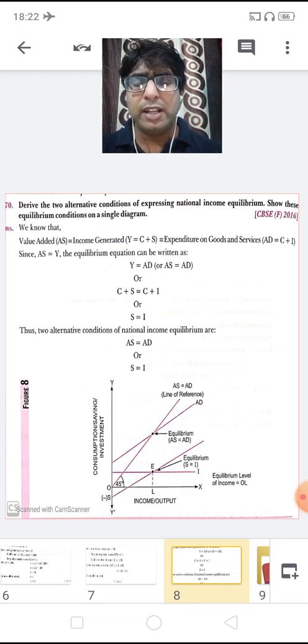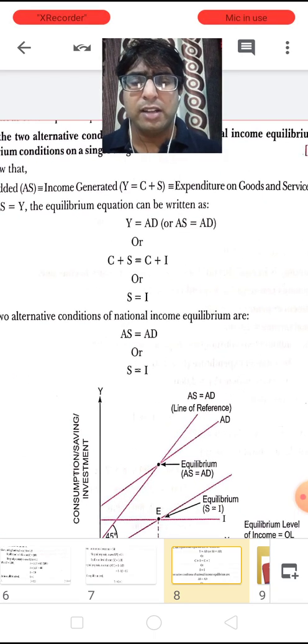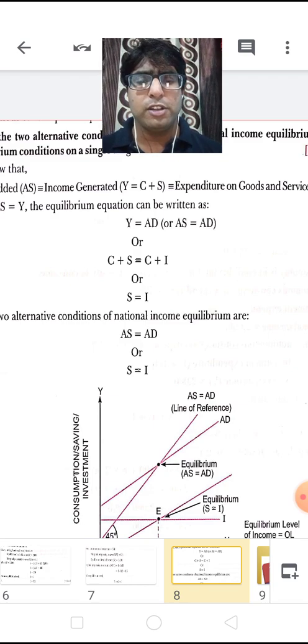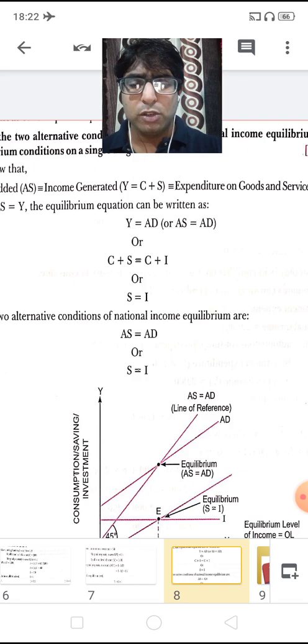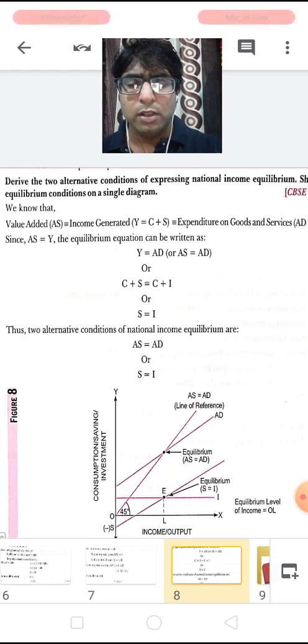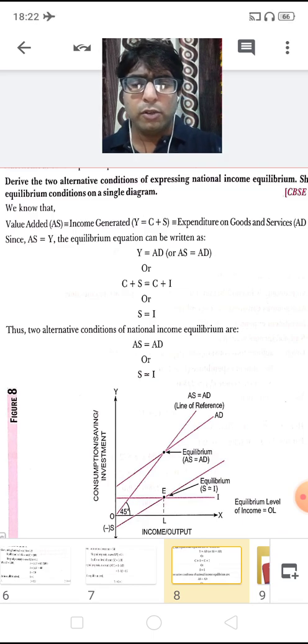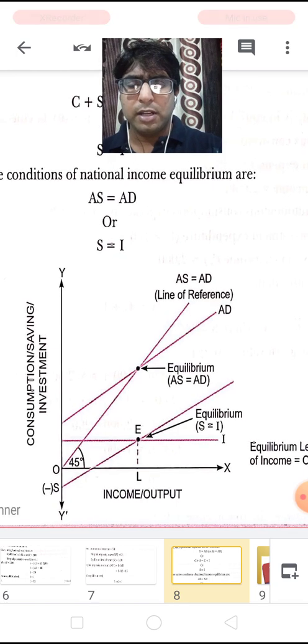When we cancel out C from both the left and right hand side, we get savings equals investment. So these are the two alternative conditions of national income, that is AD equals AS and savings equals investment.